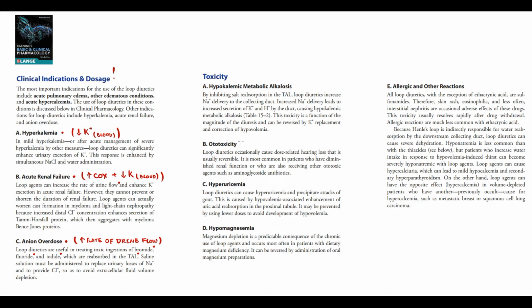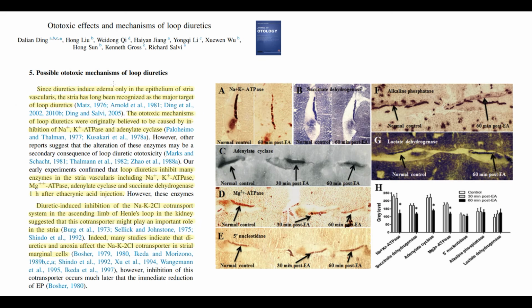The most specific side effect of loop diuretics is ototoxicity. We believe that loop diuretics cause edema in the epithelium of stria vascularis, which results in ototoxic effect. Stria vascularis is a part of the cochlea, and cochlea is a part of the inner ear involved in hearing. So, if something will happen to stria, it will immediately affect hearing sensation.